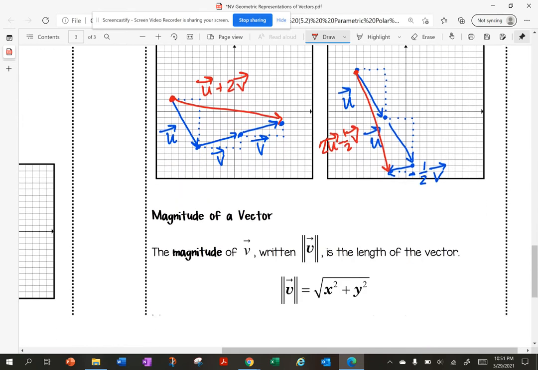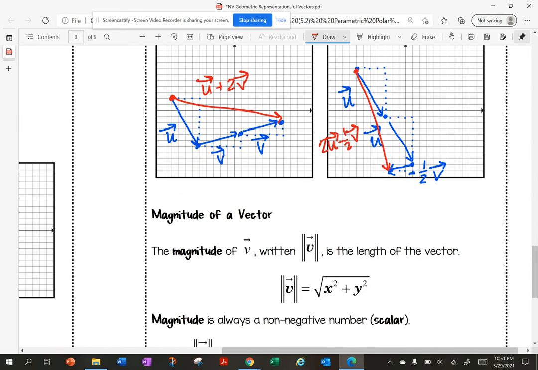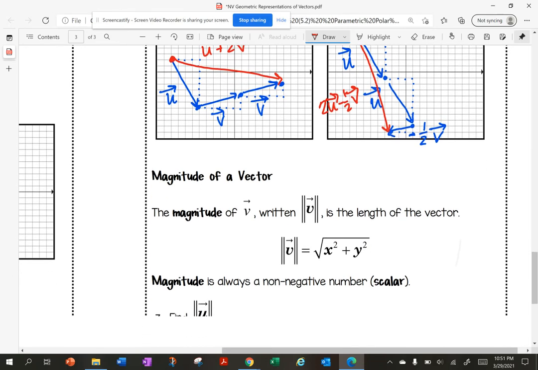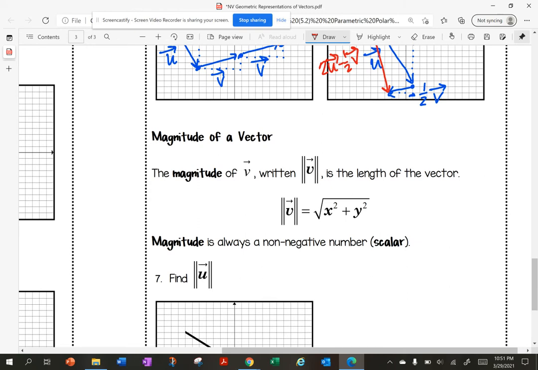So next, let's talk about the magnitude. The magnitude of a vector is written between two double lines, which is the most correct way, but with some software it looks like it's just in between absolute value bars. That is the length of the vector.